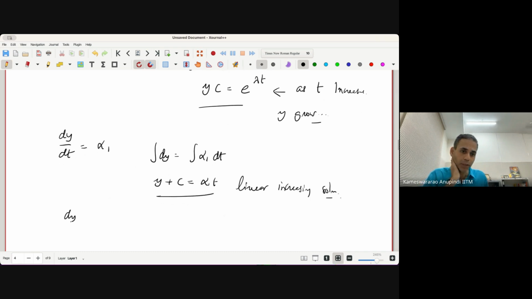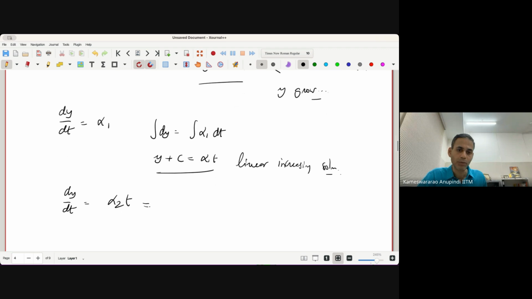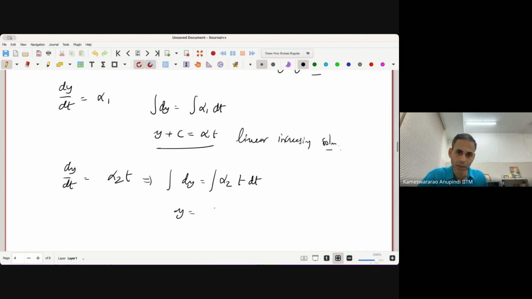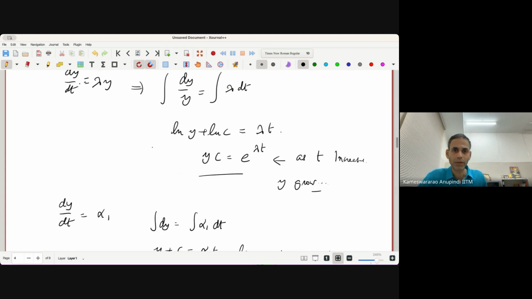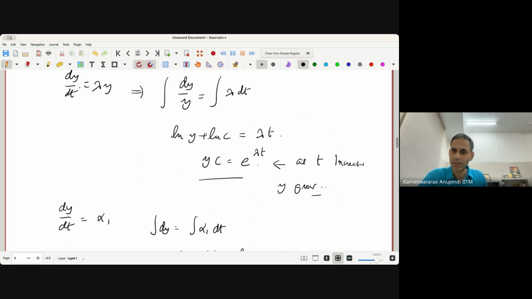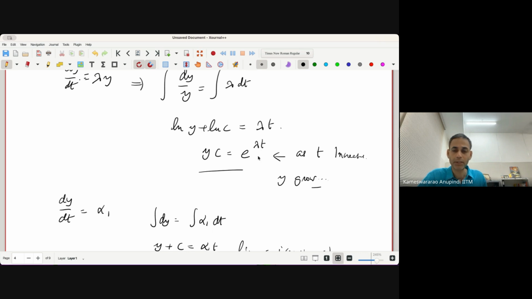Similarly, if I had kept only the second term, alpha 2 t, then dy equals alpha 2 t dt. If I integrate, I get y equals alpha 2 t squared by 2 plus c. This only gives a quadratic increase with respect to t, which is not that much of a problem. Whereas the growth of this one is problematic because it is growing exponentially with respect to time.